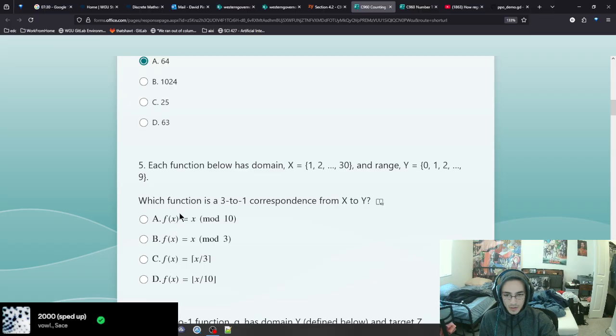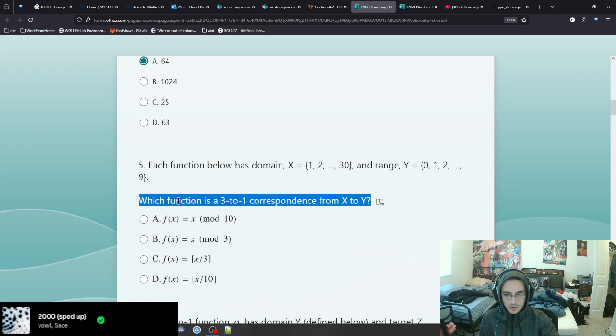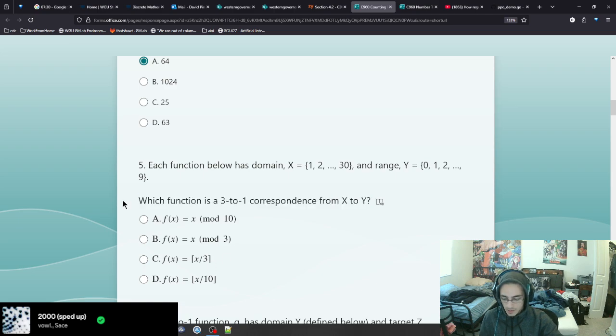Okay. I don't really know which one of these it is, so I'm just gonna type it out on the calculator. So we got x mod 10. It's probably this one, right? Mod 10.